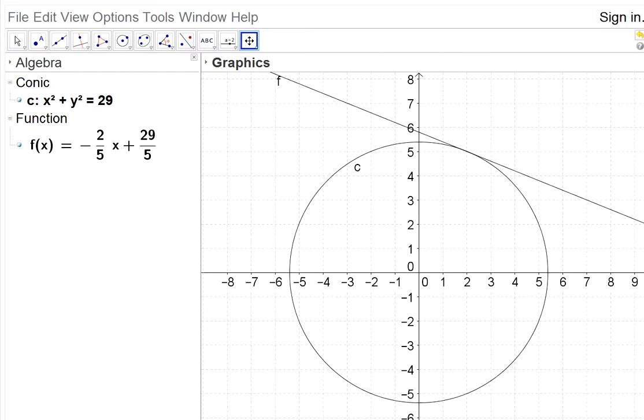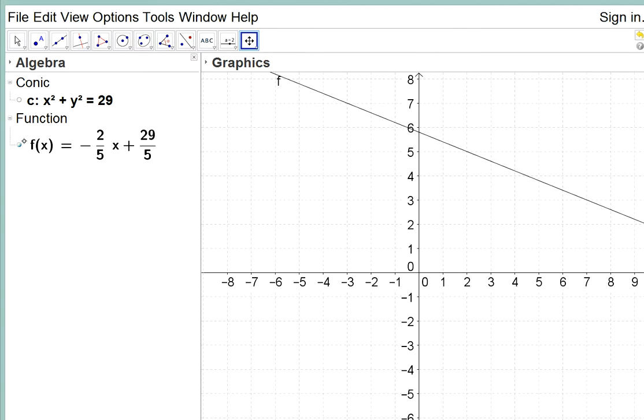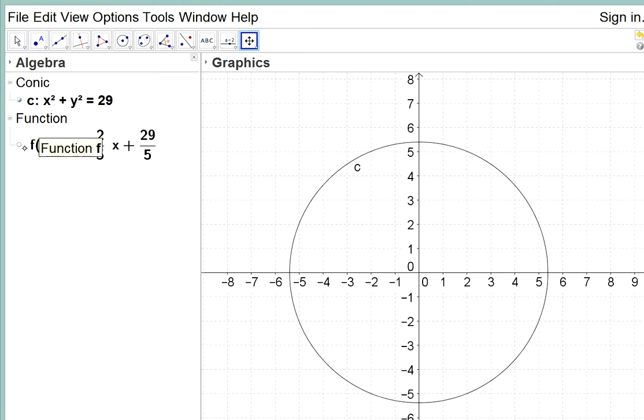For further verification, I went ahead and plotted both the circle and the line. When I bring that circle on and I bring the line on, it certainly appears that these two objects are meeting at the point where x is 2, y is 5.